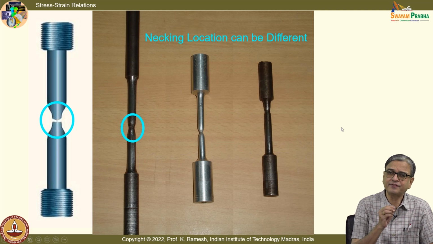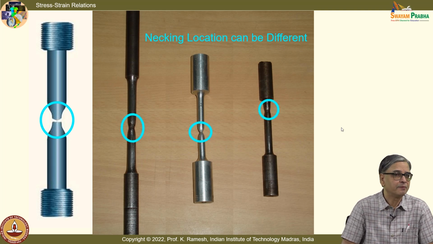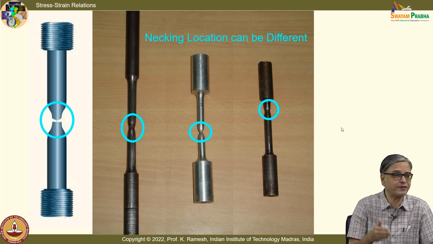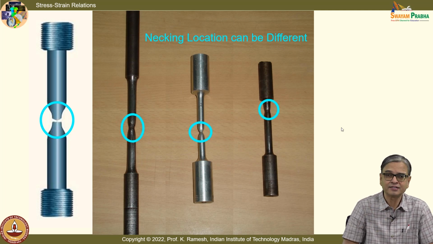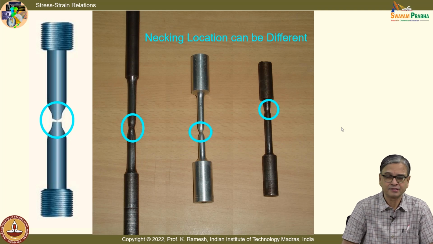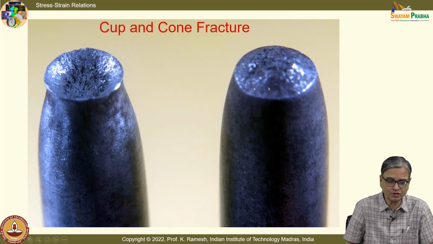You know, necking is very material dependent. At that point in time, what kind of defects are there in that specimen? It is precipitated by that. So it can happen anywhere in the gauge length. And mathematically it is very difficult to analyze what happens during this instability.